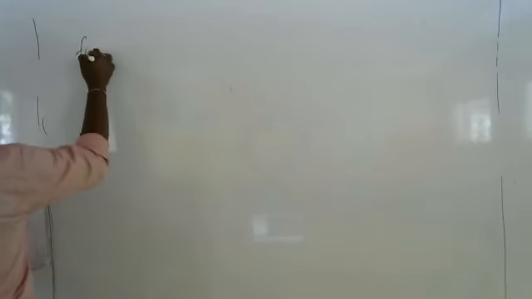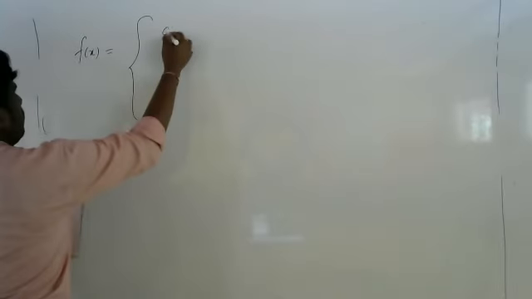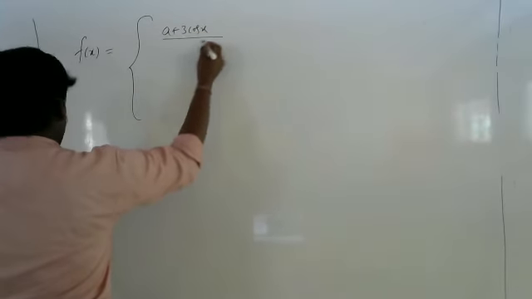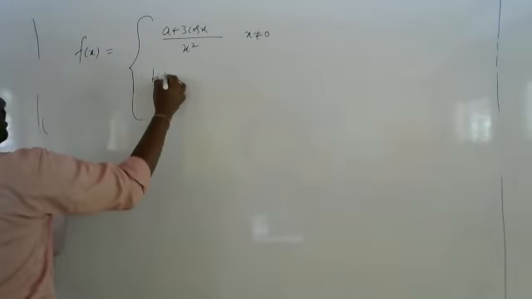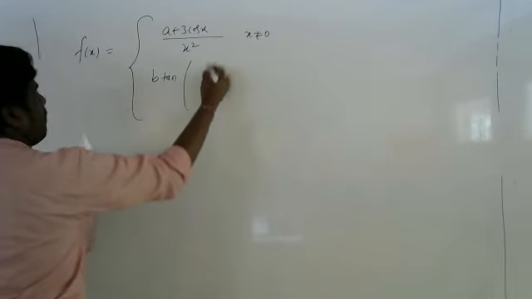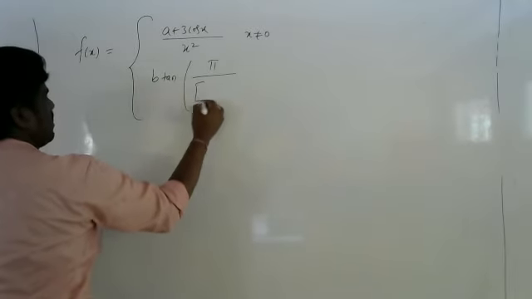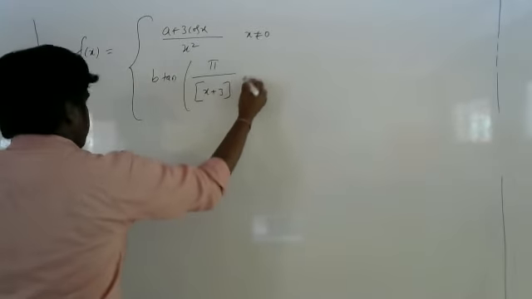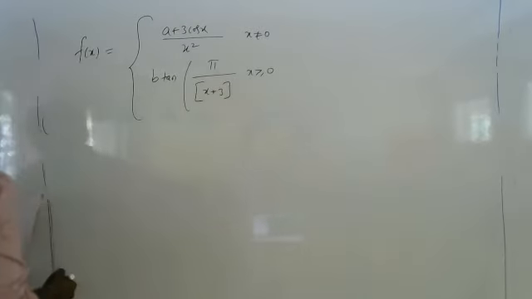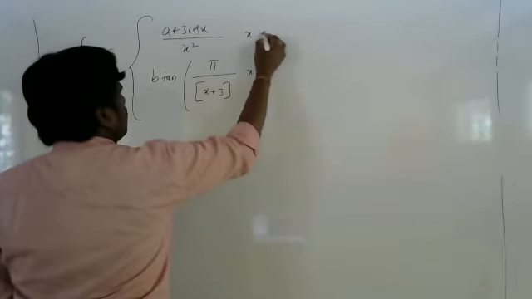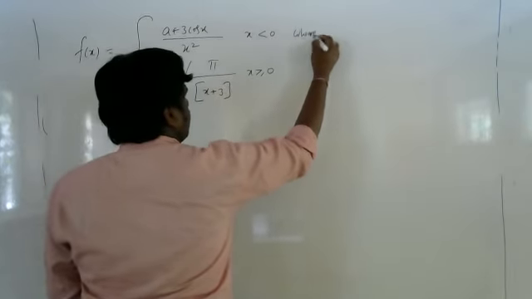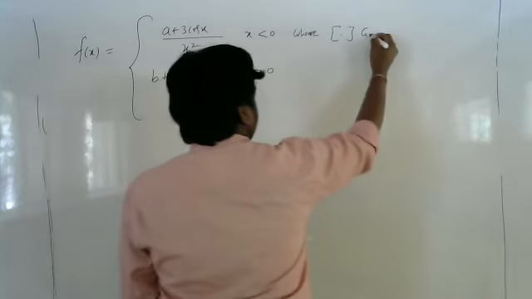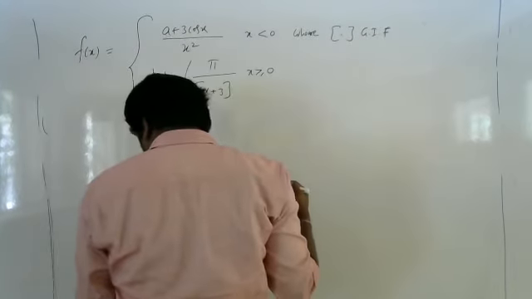So f(x) is equal to, write down, it's a previous year question. f(x) = (a + 3 cos x)/x² where x is not equal to 0, and b tan(π/[x]) + 3 when x is greater than or equal to 0; this is for x less than 0, where [ ] denotes the GIF, the greatest integer function.